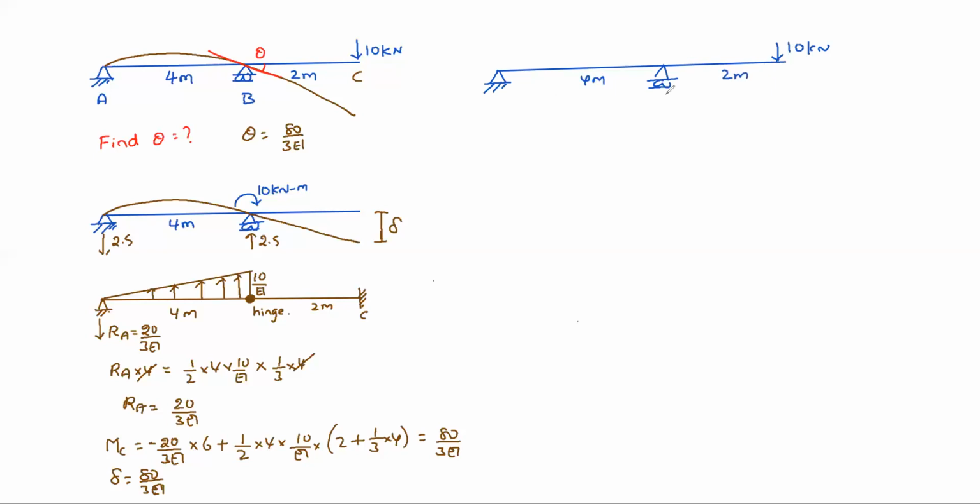so 10 here, taking moments about A, 10 into 6 equal to RB into 4, 60 by 4, 15, right? 15, sorry, clockwise means anti-clockwise, sorry. Not 15, that is RA 5. RA 5, downward 5, right? 5 kilonewtons, 15 kilonewtons.